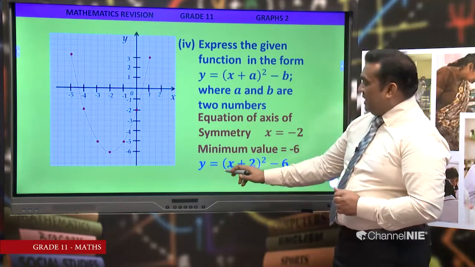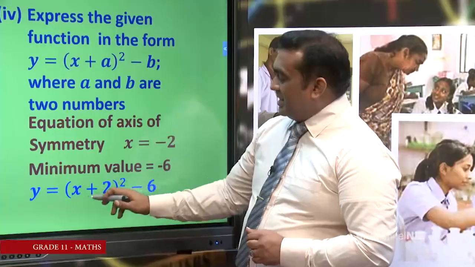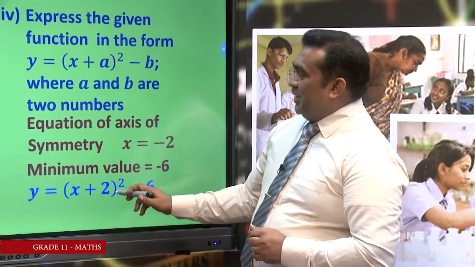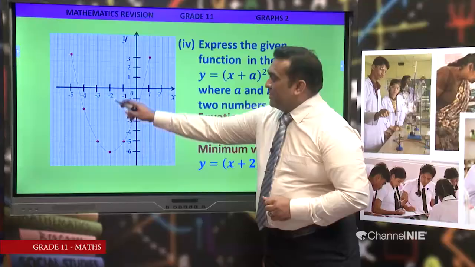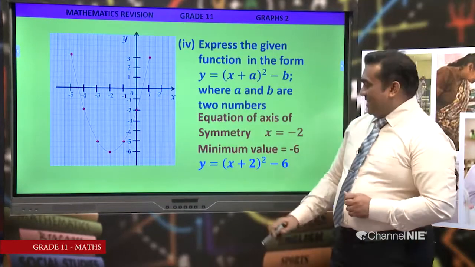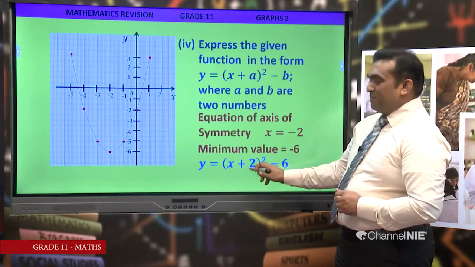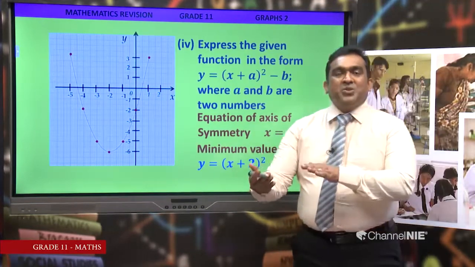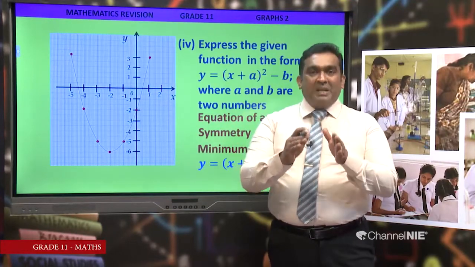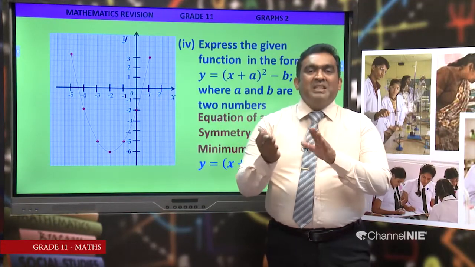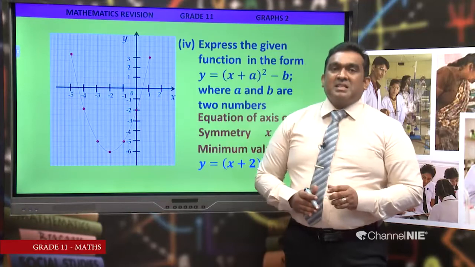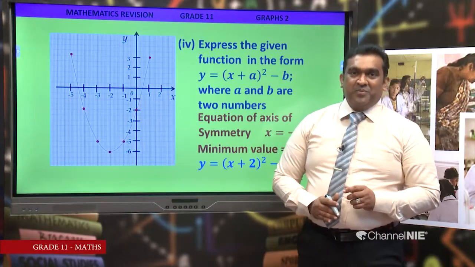Here, can you see, y equals (x plus 2). Here you have minus 2, and from this place, plus 2. Minus 2 is converted into plus 2. It means we have to change the sign of the number.